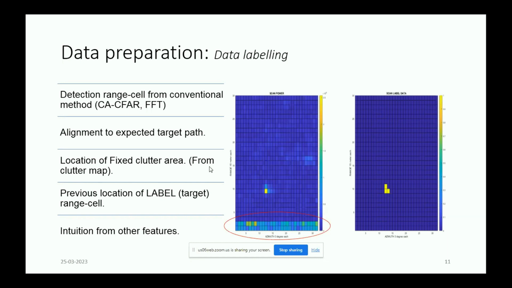Next is the location of the fixed clutter, which we can see from our clutter map of the radar image, and also the previous location of the labeled target. Because the target is moving, it is a control target, so based upon its previous location, we have considered that also while labeling our data, and also intuition from the other features.